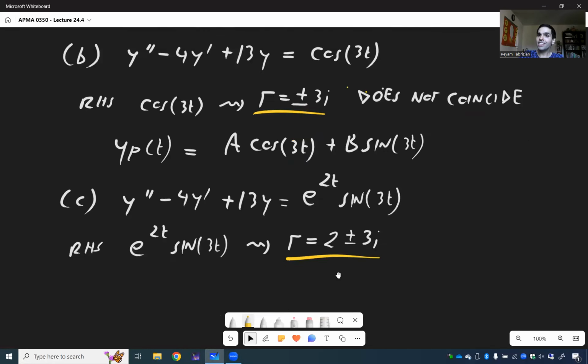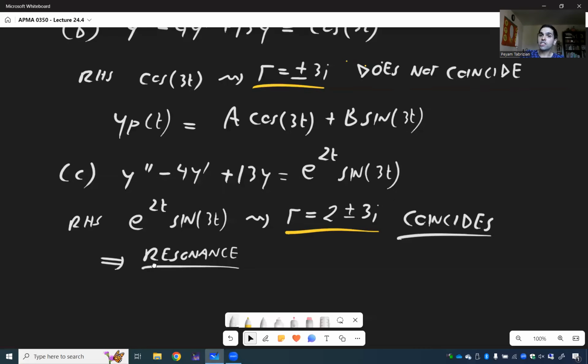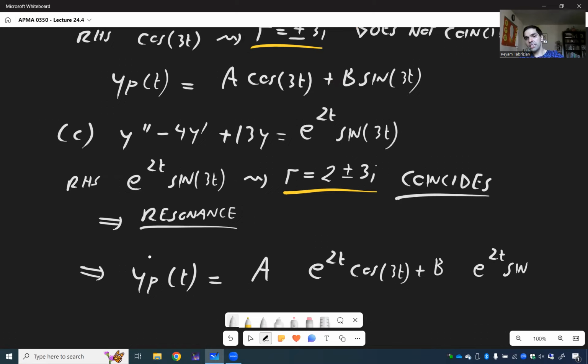So ding, ding, ding, you won the resonance jackpot, which I don't think is a very good thing. So it coincides, and so we have resonance. And what does resonance mean? You add an extra t. So usually you would have guessed A e to the 2t cosine 3t plus B e to the 2t sine of 3t. But because of resonance, we add this extra t.